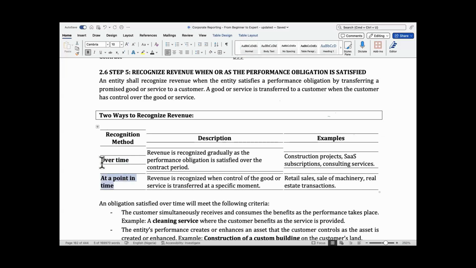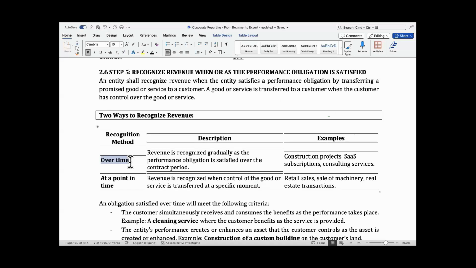You satisfy a performance obligation over time when it takes a long time to deliver those goods or services, but at a point in time is when you deliver the goods immediately. It is in that manner that you also recognize revenue.